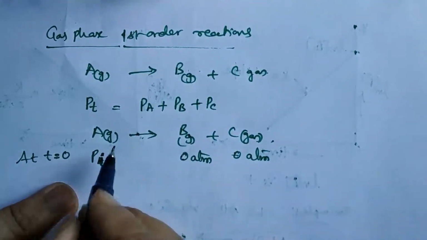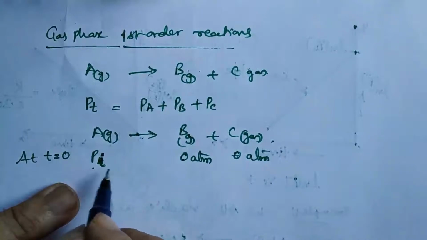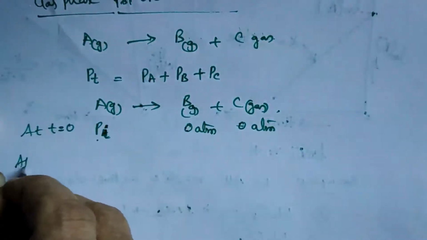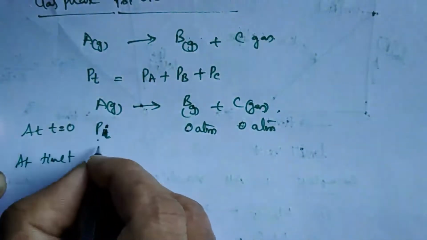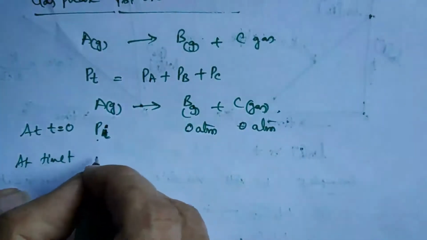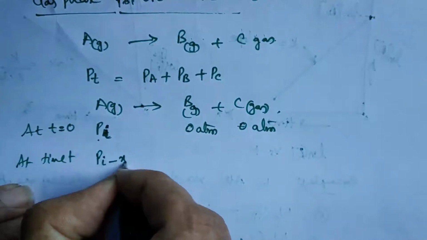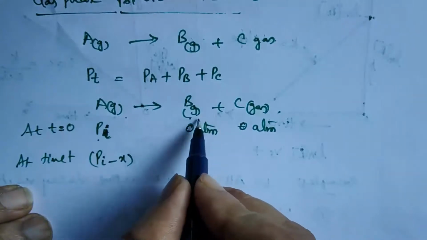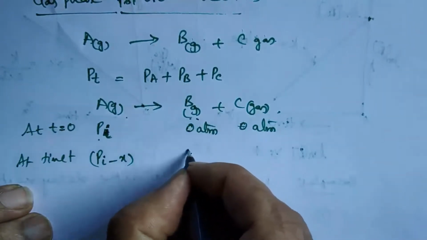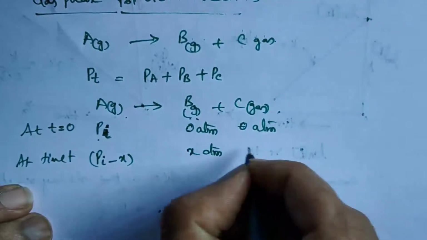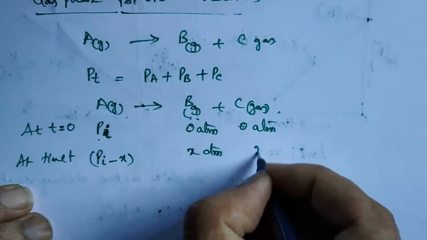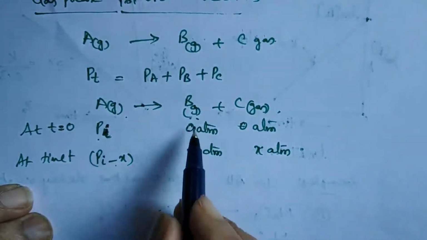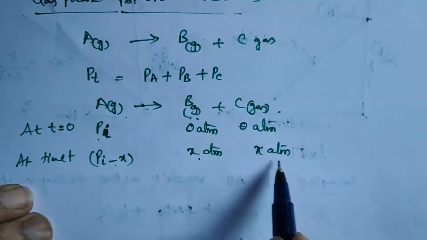Next, at time t, the pressure of A is equal to PI minus X. That means X atmospheres of gas A is consumed to give X atmospheres of B and X atmospheres of C. So the pressure of B is X atmospheres and the pressure of C is X atmospheres.